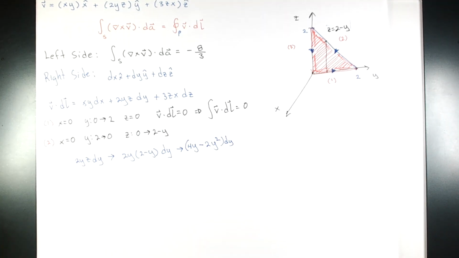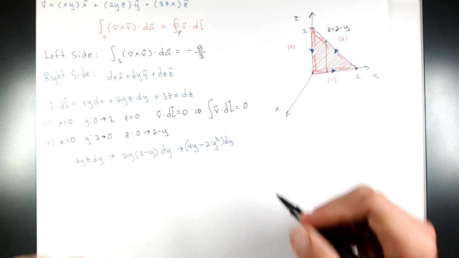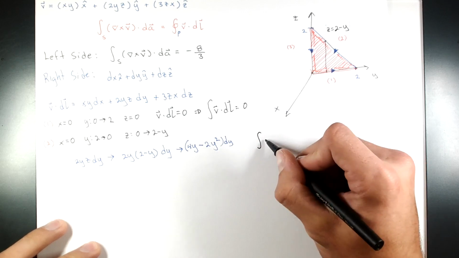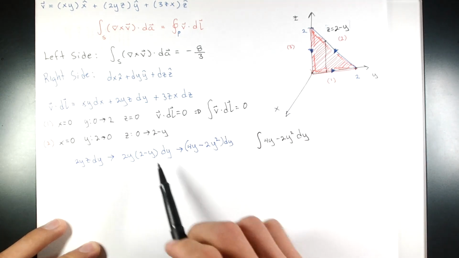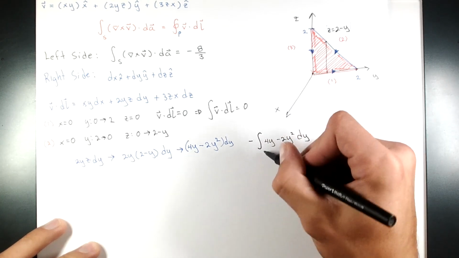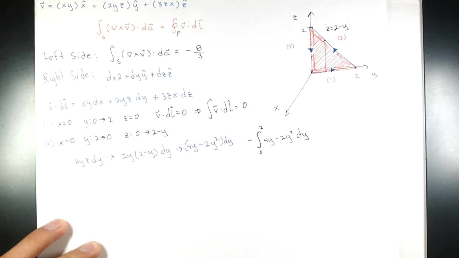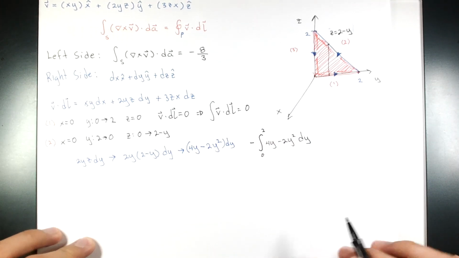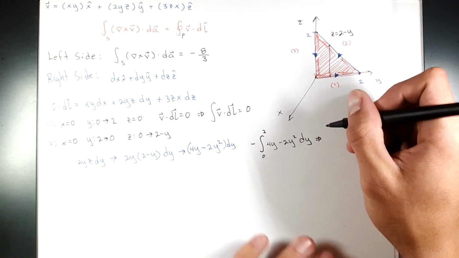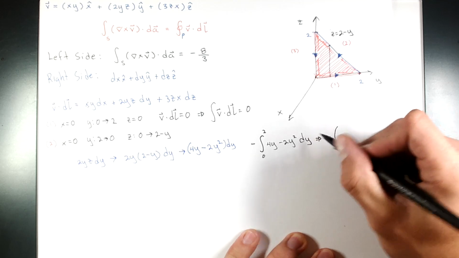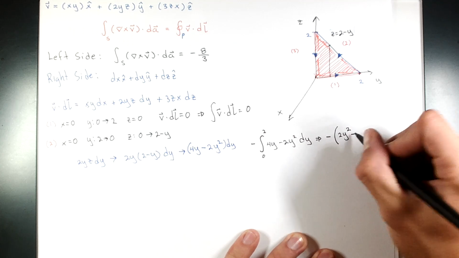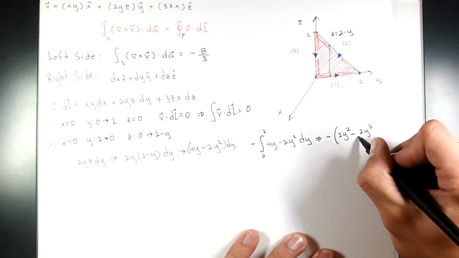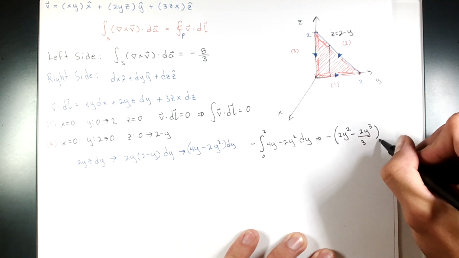And this is what we are going to be plugging into our integral. So we're going to have this 4y minus 2y squared dy, knowing that y goes from 2 to 0, so we're going to invert that order. We're going to put it negative in front, going from 0 to 2. Now again, this is just an easy integral. We get 2y squared minus 2y cubed over 3 from 0 to 2.